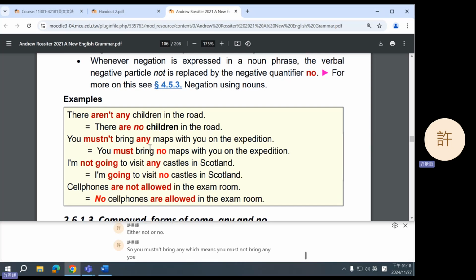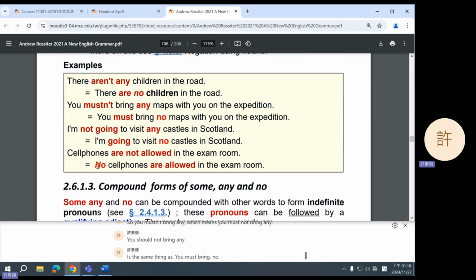You should not bring any. Also is the same thing as you must bring no. And the most common example is a sentence that begins with no. No cell phones are allowed, right? You've seen this sentence before, right? In a movie theater, no cell phones, etc. Same thing as cell phones are not allowed. So you can either negate the verb or you can negate the noun. The meaning is the same.